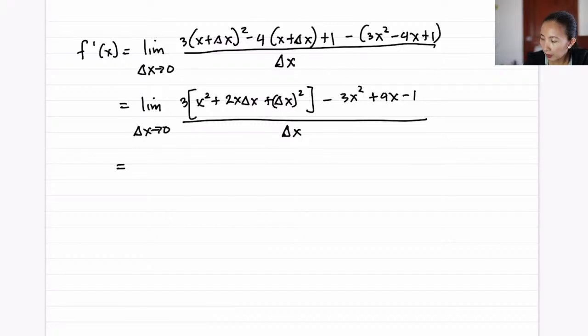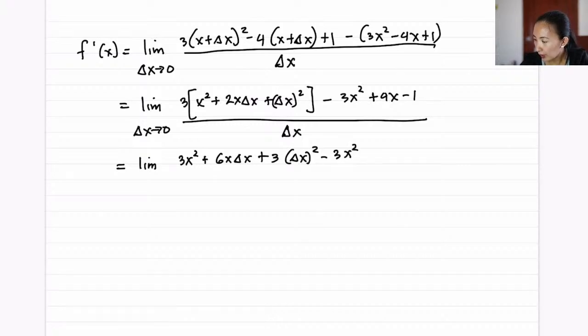Multiplying it with 3 gives 3x squared plus 6x delta x plus 3 delta x squared minus 3x squared plus 4x minus 1, all over delta x as delta x approaches 0.